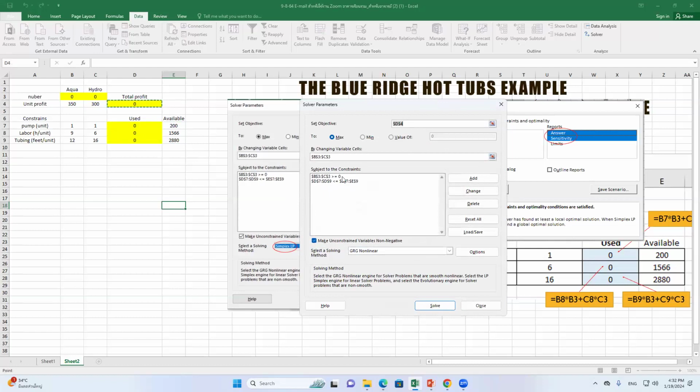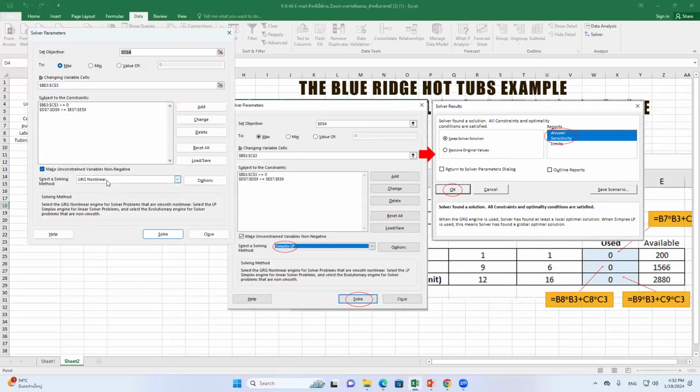Then these five conditions: x1 greater than or equal to 0, x2 greater than or equal to 0. If you would like to analyze this case, we have the linear, so we use the simplex linear programming, not non-linear.